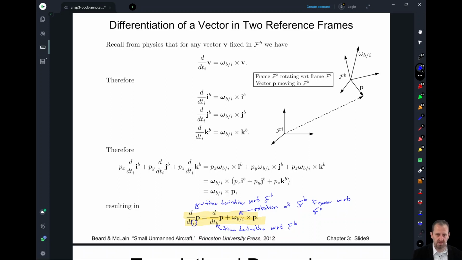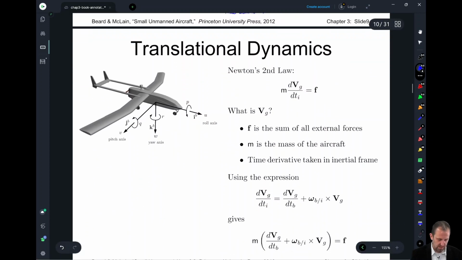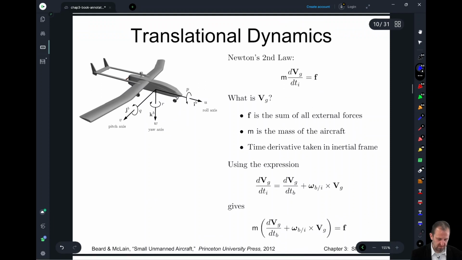So the time derivative of p can be written as the time derivative in the body frame plus the cross product of omega sub bi with the vector. We'll use that especially when we jump into rotations, and in translation too, but we will use it very heavily in the rotations.